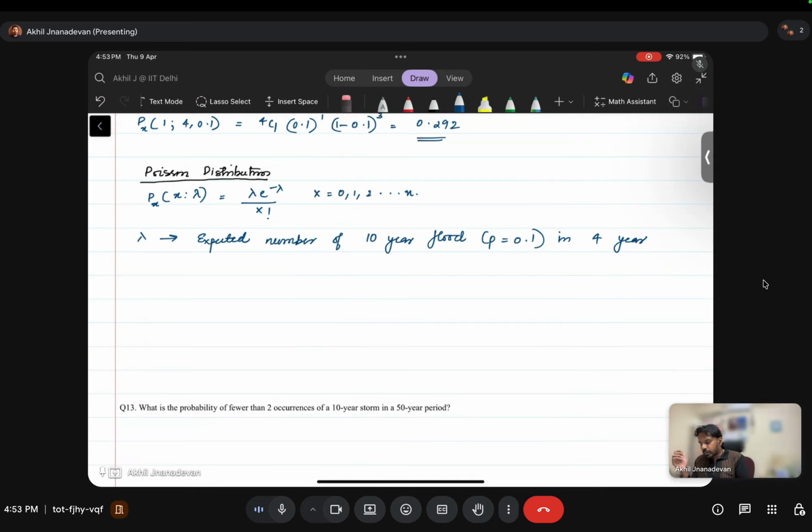That is the expected number or the average number, that is n equal to 4 years. That is called lambda. So that expected number, that is the expectation of x, we can find using the np formula, right? So n is 4 and p is 0.1, that is equal to 0.4. So our lambda is nothing but the expected number of 10-year return period floods in 4 years.